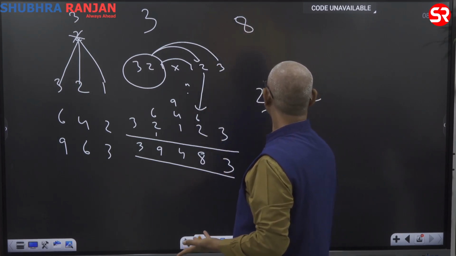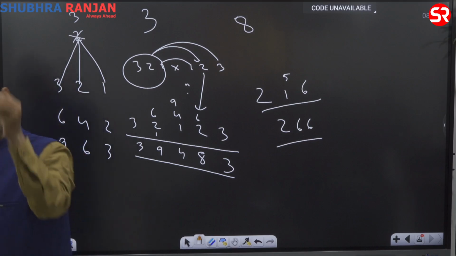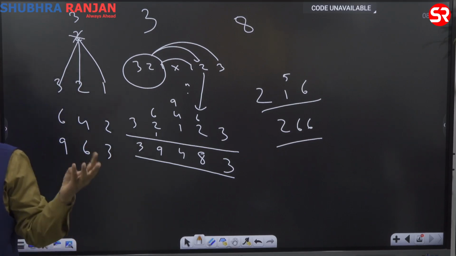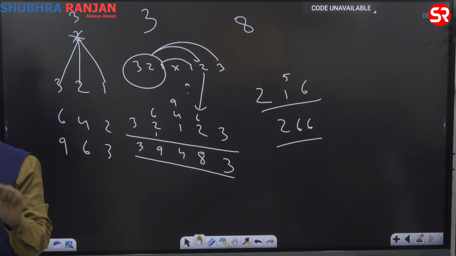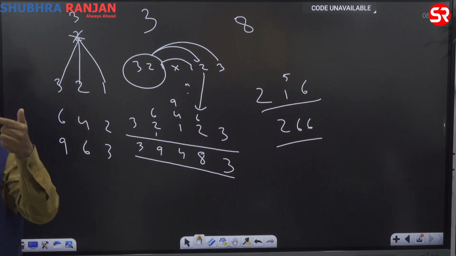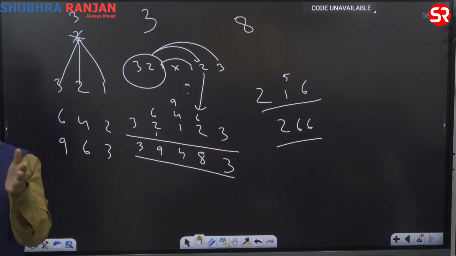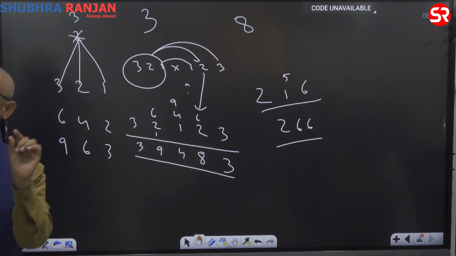So what is the answer? That's all. You have to practice tables like this only. 16 eights: don't go for 16 ones, 16 twos. 16 eights, 8 ones 8, 8 sixes 48, 8 above 4, that is 12, 128 is the answer. There is no need to learn because we know only 10 tables, and the 10 tables also we learn with numbers only.